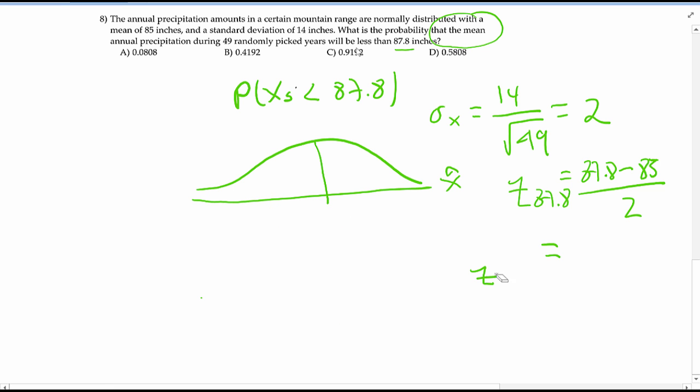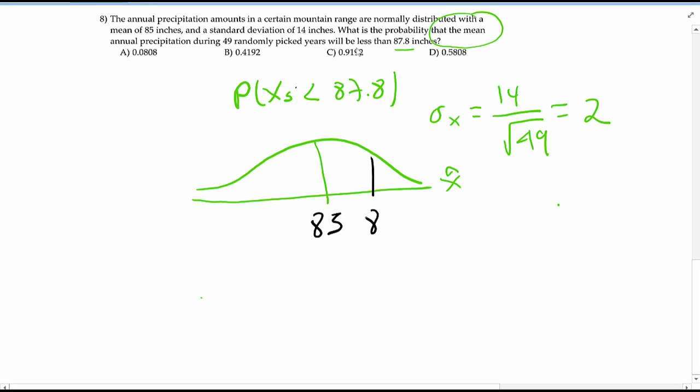We need to rewind right here, because we know that the mean is 85. That's what we are told, 85. But 87.8 is to the right of 85, so that's 87.8. And then we want this whole area right here.